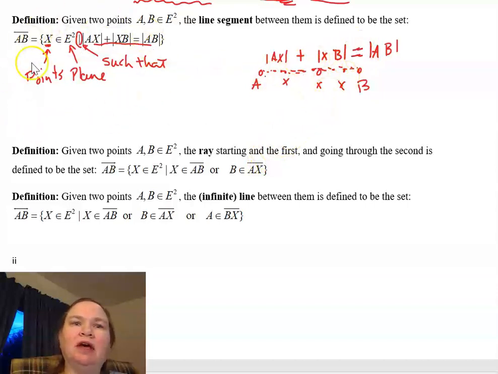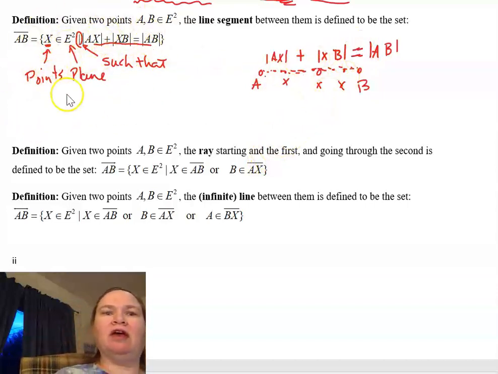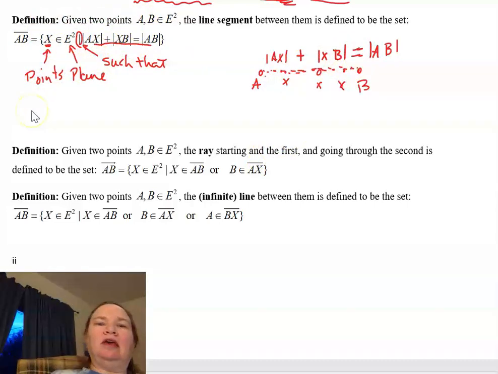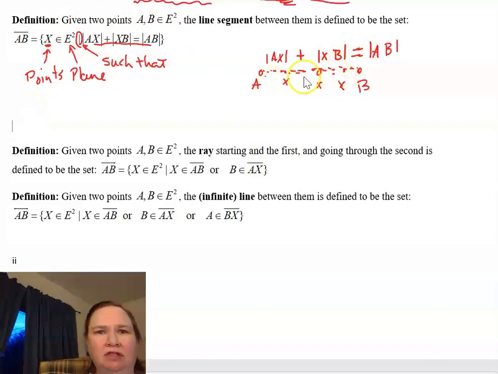So that's my technical definition of a segment in terms of distance function.